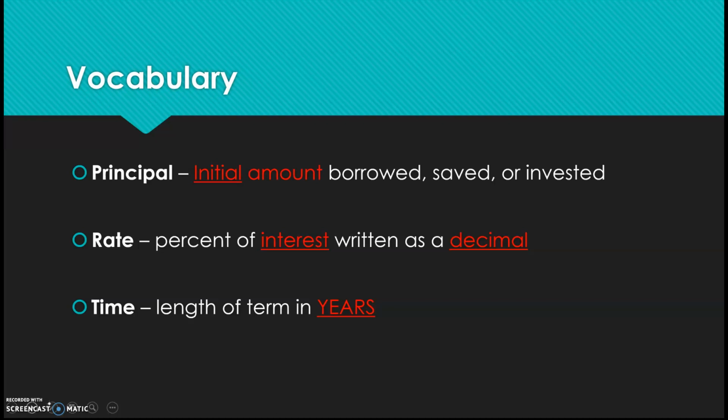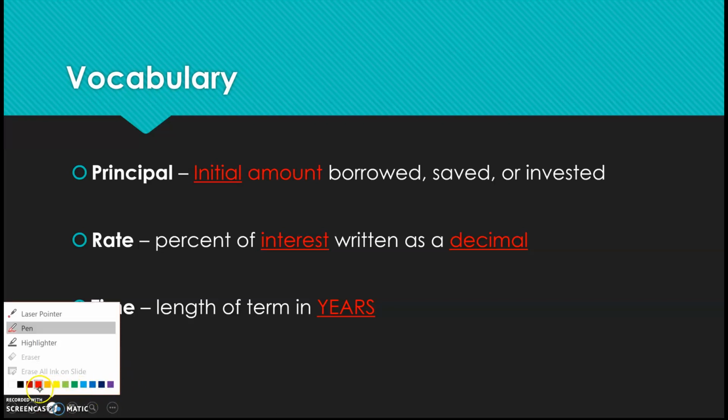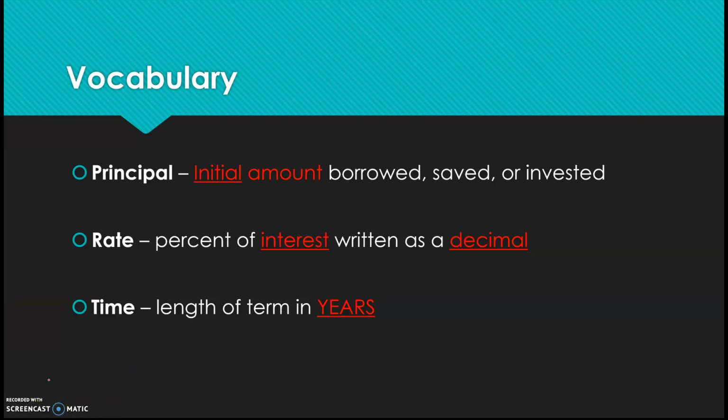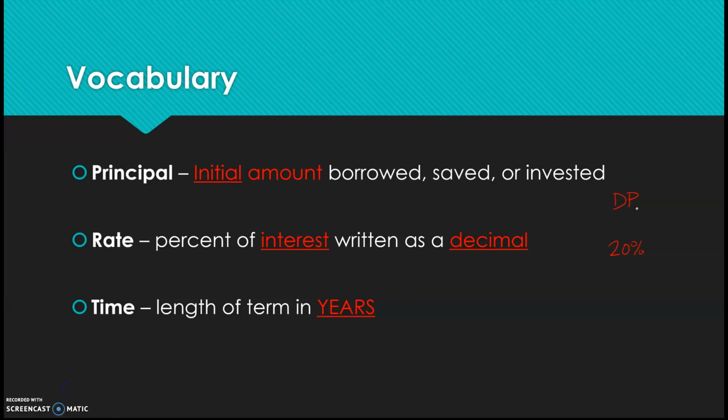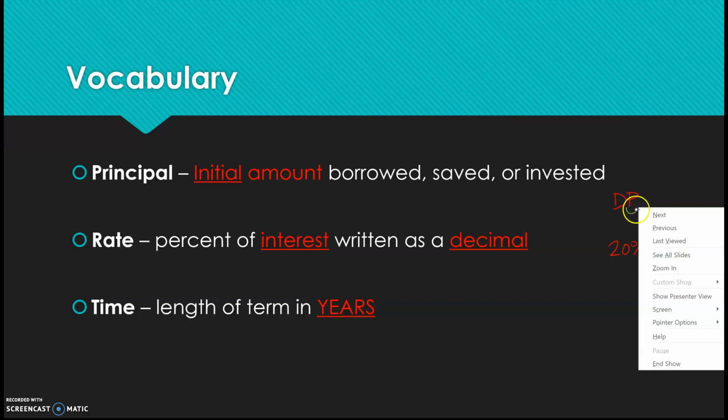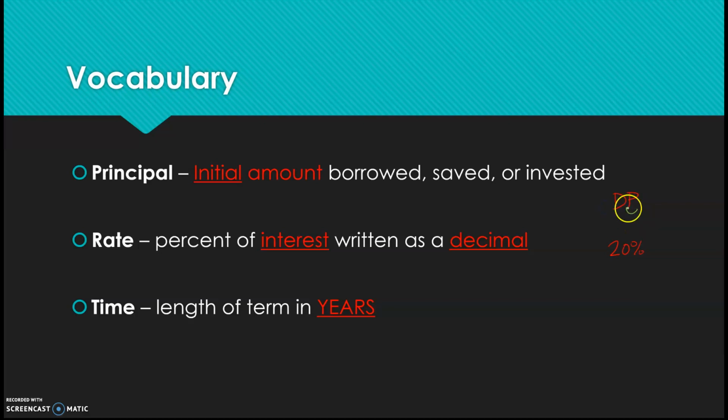And then rate is your percent of interest written as a decimal. For example, think about Dr Pepper. If I have, let's say, a 20% interest rate, right now it's a percent, so I'm going to put my decimal by the P. It's a percent, and I want it to be a decimal, so I need to get to the D. So I'm going to go left 2 places.